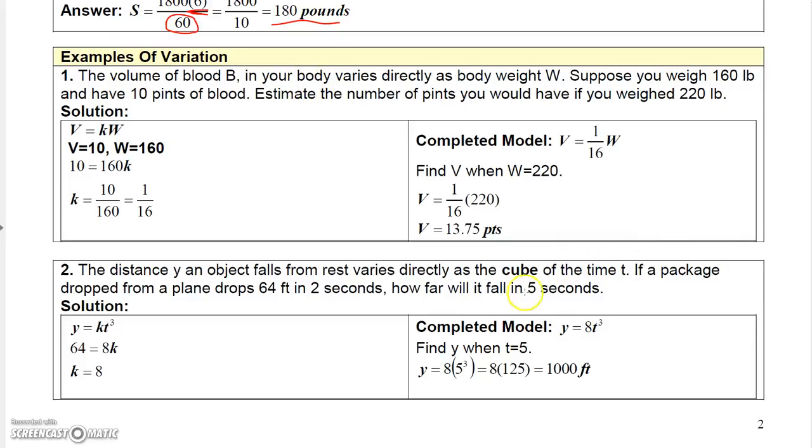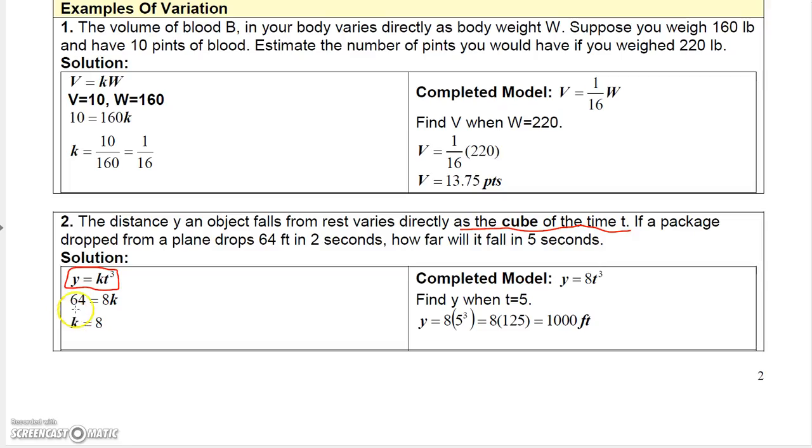But notice in the second one, it doesn't vary directly with t, but it varies directly with the cube of t. So notice when I wrote the formula here, I said y equals k times the cube of t, so k t cubed. And then I plugged in my information and solved for k, and then when I get back to the model, y equals k, which is 8, t cubed.